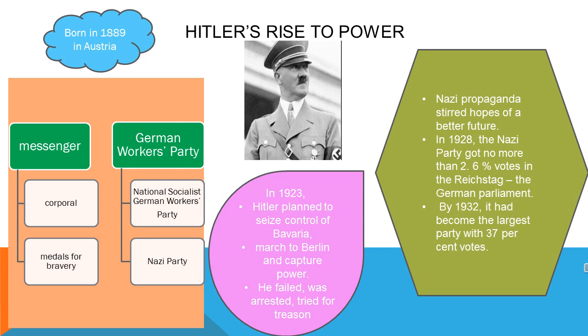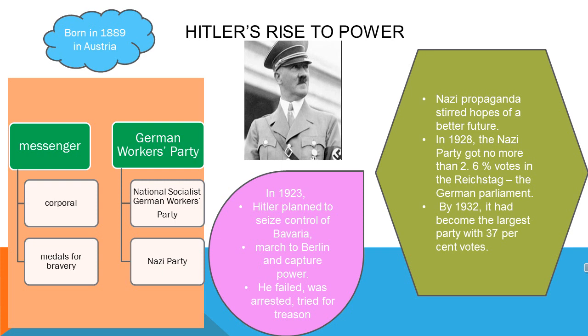The Nazis could not effectively mobilize popular support till early 1930. It was the Great Depression that made Nazism a mass movement. Nazi propaganda stirred hopes of a better future.